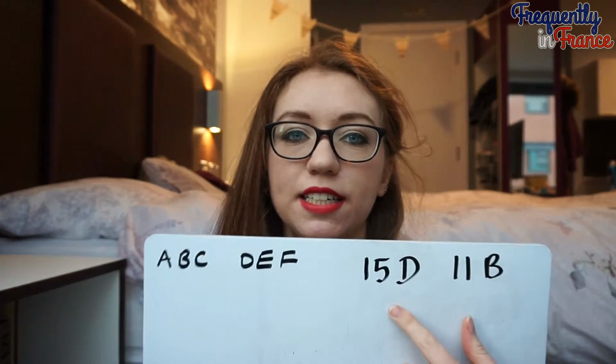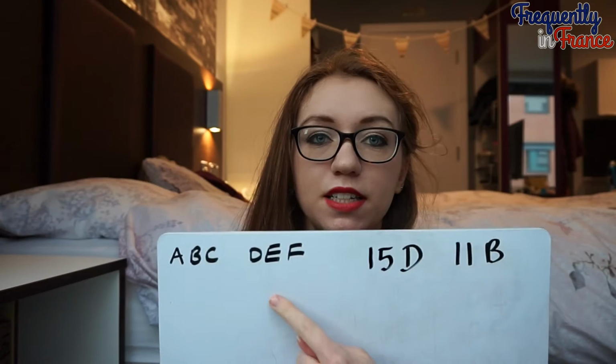So this 15D, this is good, it's a D, but this B ain't for me. So this is the key to the trick. Scroll down to the bottom of the page, and then you're going to click go back a step, or go back as if you wanted to go back to the other page if you made a mistake. Then on that page, you're just going to click go forwards.